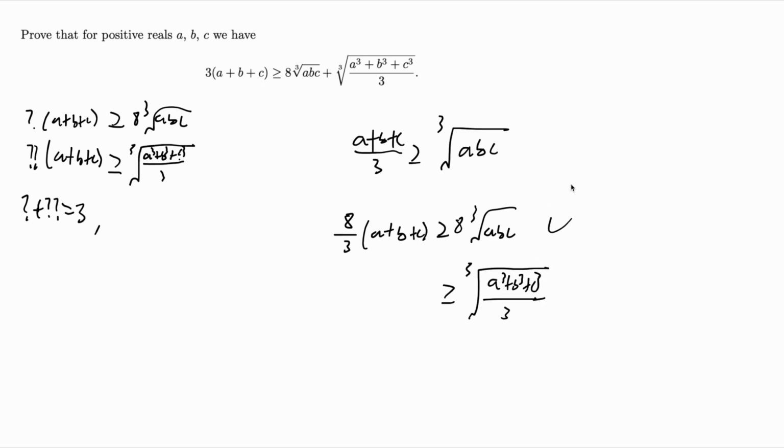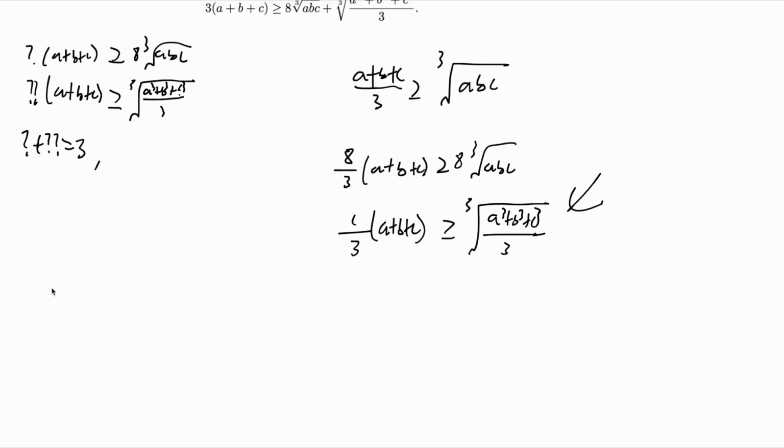We checked it. So we should know that this thing is greater than or equal to 1 over 3 times a plus b plus c. So if we prove this one, then we can add them and thus prove our inequality.